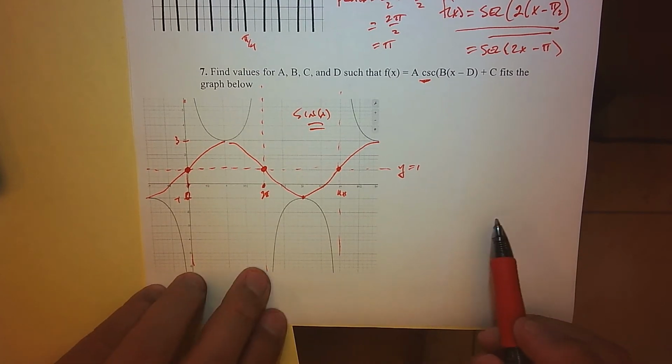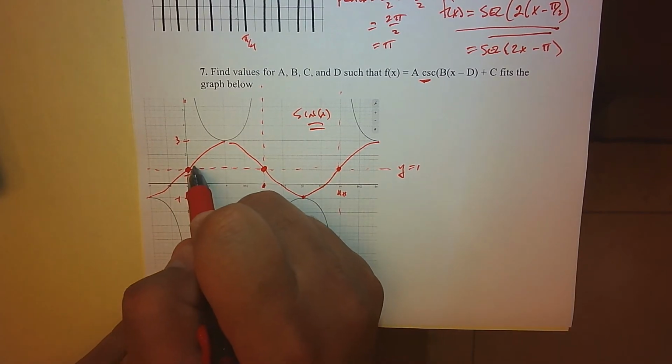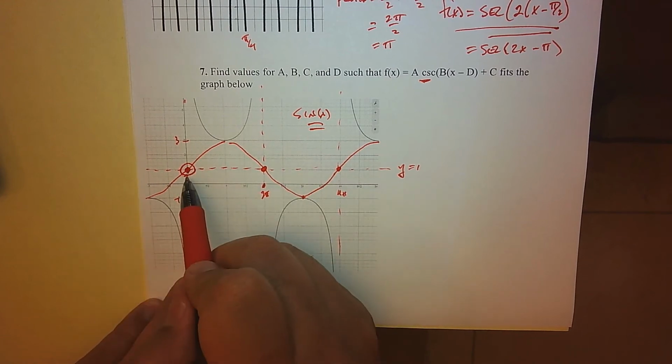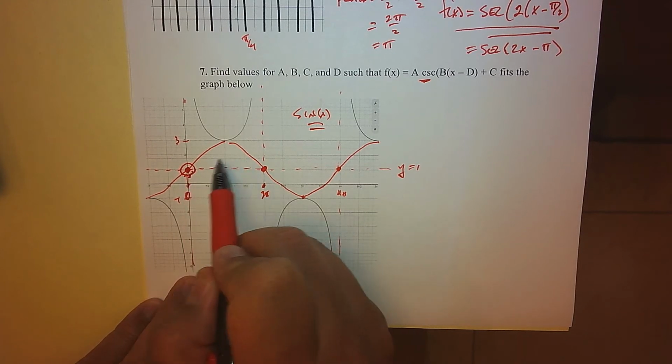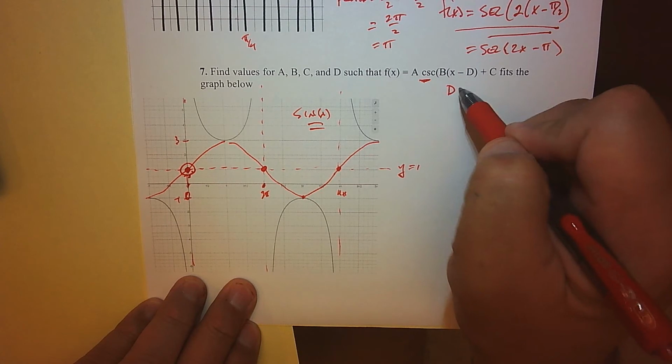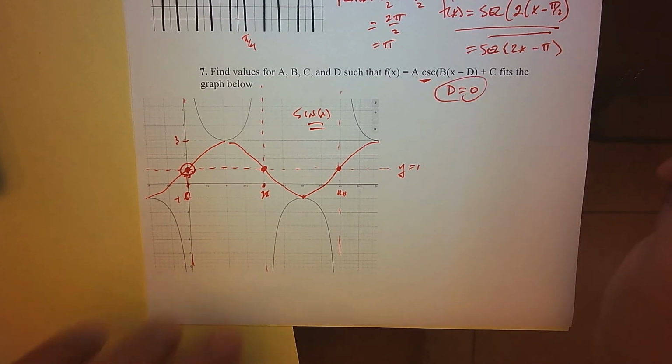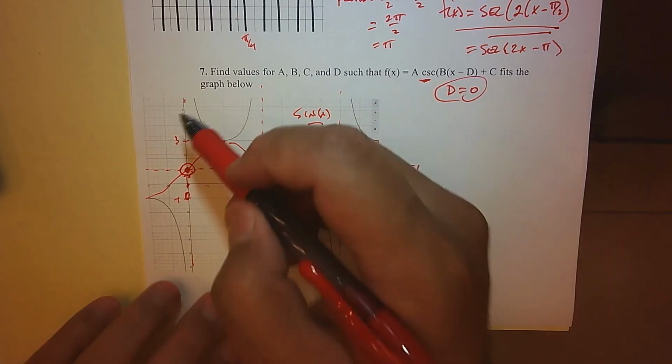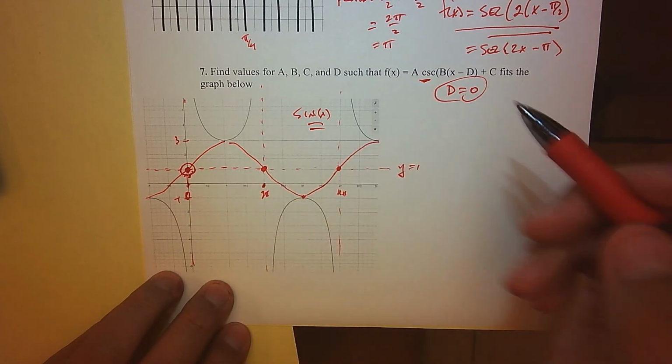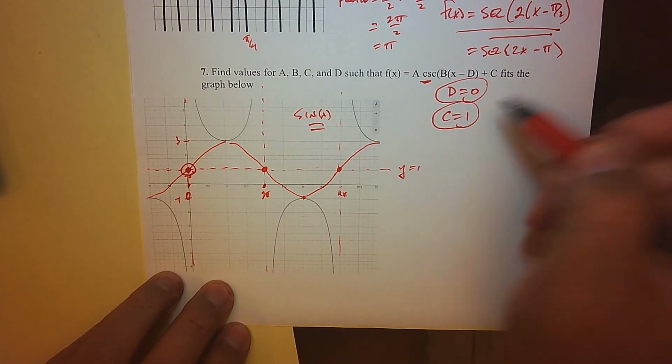So what do we have? Well, first of all, notice that the action is doing what it's supposed to be doing. Sine is usually going through its equilibrium at the start. So this is neither shifting left or right. So that tells me that D is equal to 0. My equilibrium has been shifted up to 1, so that tells me C is equal to 1.